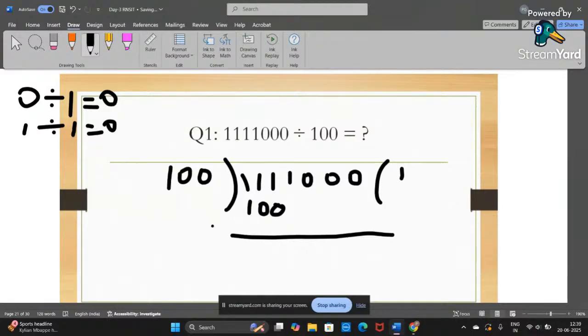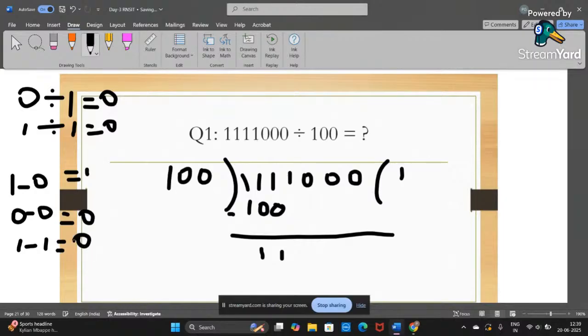Because we need to do subtraction, similar to division, what we follow for decimals. 1 minus 0, it is 1. The subtraction rule. 1 minus 0, it is 1. 0 minus 0, it is 0. 1 minus 1 is equal to 0. Same. Then 0 minus 1, only for that we need to take a borrow.